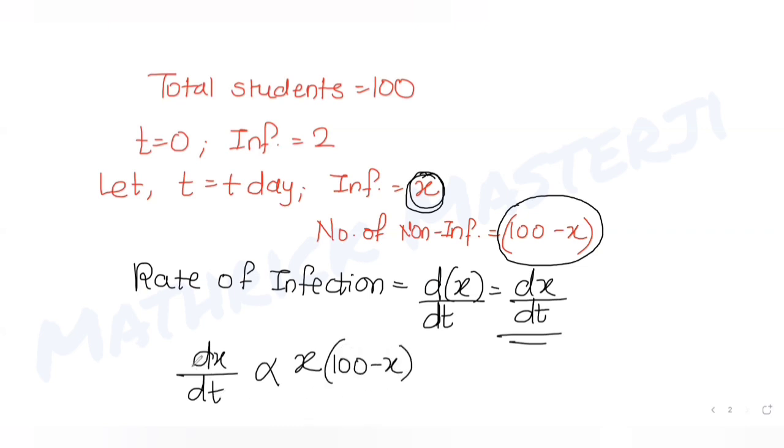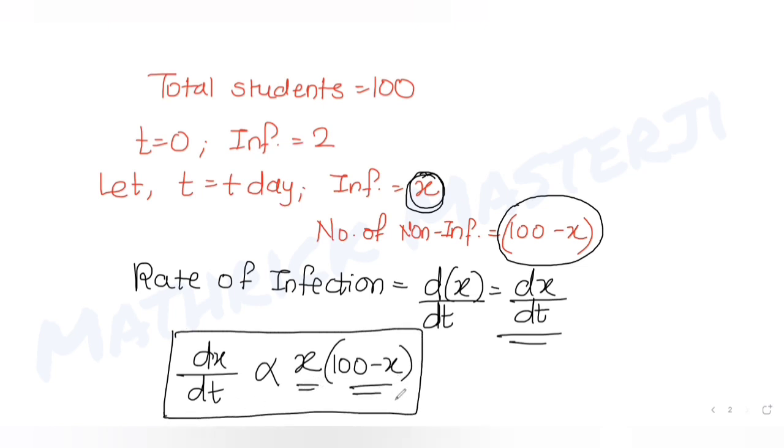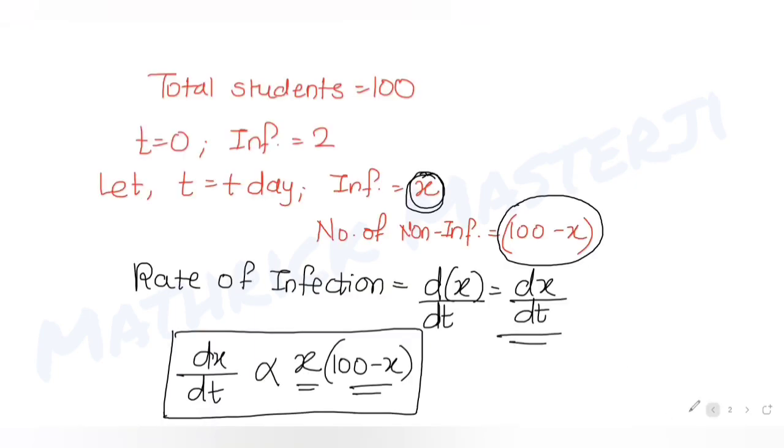So dx by dt is directly proportional to x into 100 minus x. Now I remove the proportionality sign, and it becomes equal to a constant of proportionality called k. So dx over dt equals k x into 100 minus x.